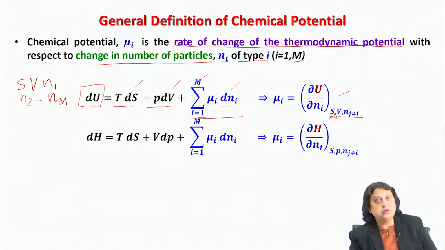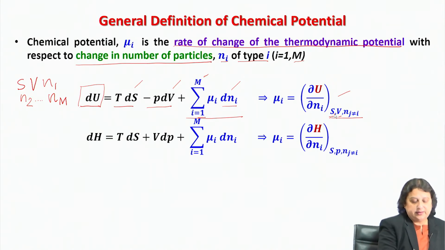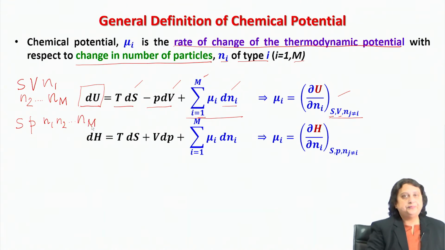So, when do I use enthalpy as the thermodynamic potential? That is when the equilibrium state of the system is defined in terms of S, P, N1, N2, etc. up to Nm.